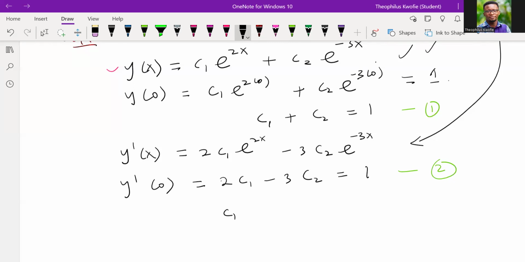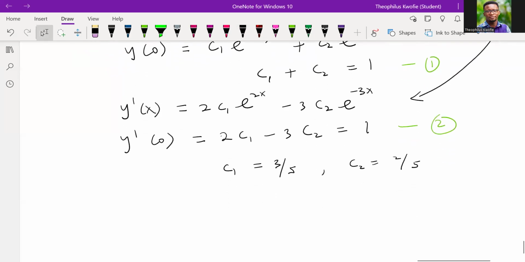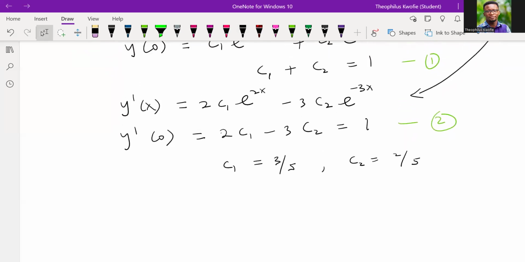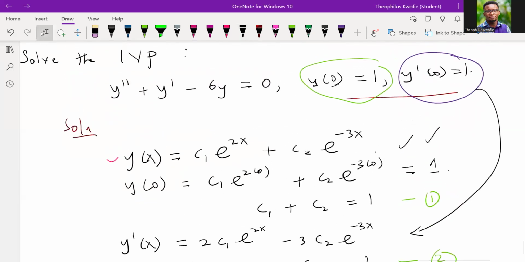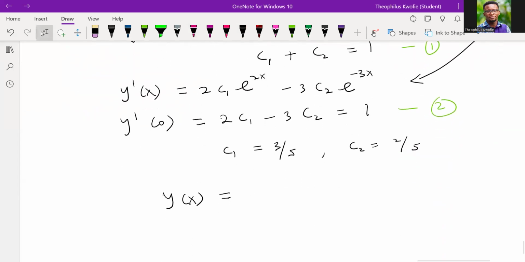Now we should have c1 equal to what? Who can guess? c1 should be 3 on 5, and c2 should be 2 on 5. That is if you do the calculation. Now it means that the required solution of the initial value problem becomes y of x equal to what? We are just plugging it back into this.